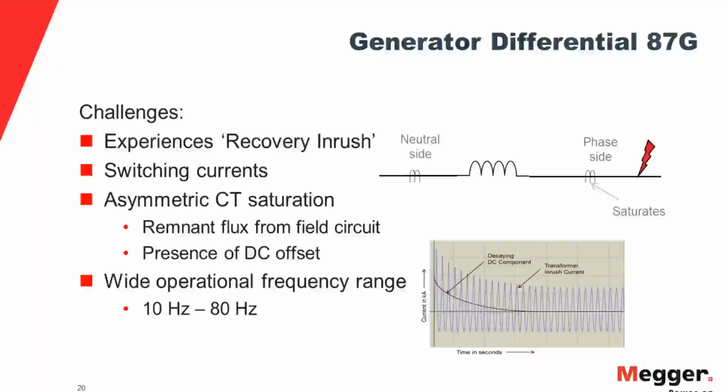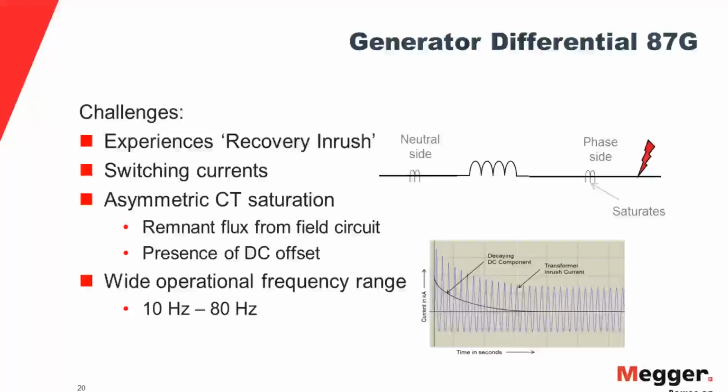So the generators will also feel that inrush current. The inrush current typically is of two types. One could be because of the fault, or it could be because of some equipment switching. So you don't want the generator differential protection to operate for those kinds of conditions.